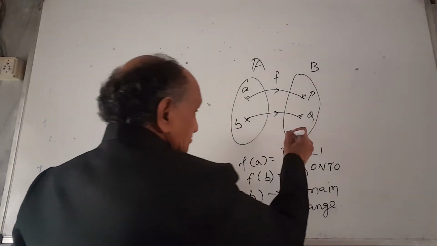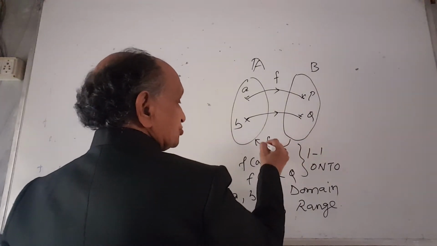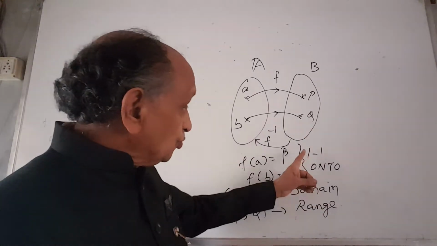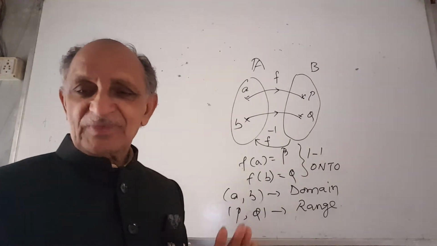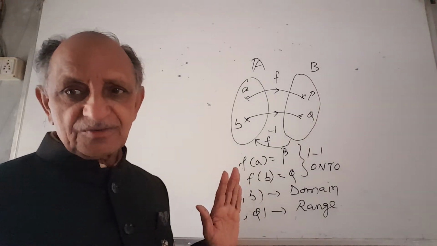Now, if I think the reverse way, this is called f inverse. Only one-one onto functions have inverse functions. Other functions have no inverse function.